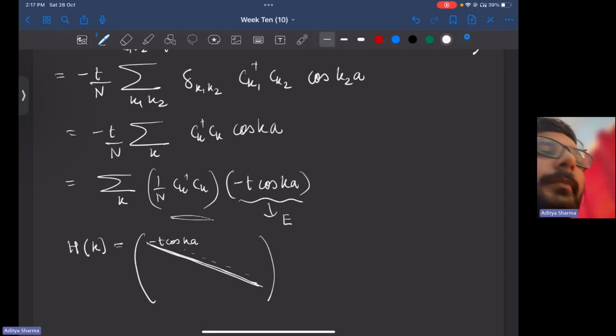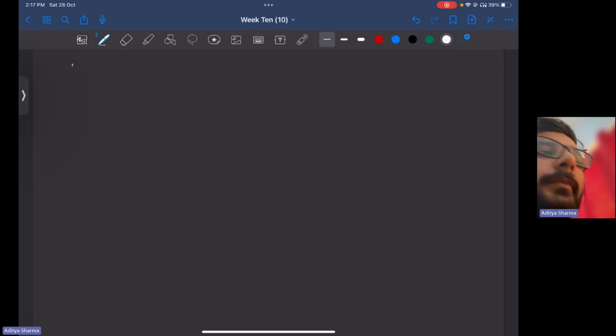So here you have k as some value. So this is diagonal. When you act it on any state, you're going to get this as E. Okay, so that is the idea behind why it is E, and therefore you have E of k equal to minus t cos ka for the 1D tight binding model.